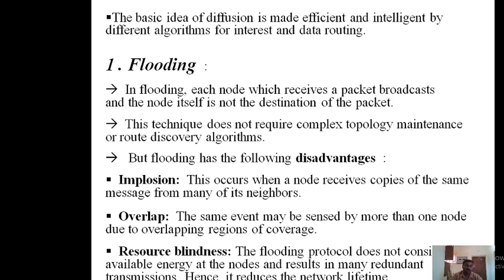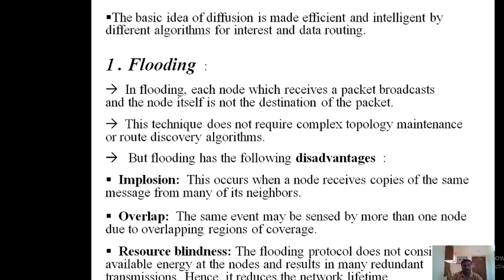One of the nodes distributes packets to other nodes in the network, in the form of packet broadcasting. All the nodes in the network receive those packets except the distributing node. That means the source node may not receive that packet. This is the concept of flooding. This flooding technique does not require any complex topological maintenance or route discovery algorithm.